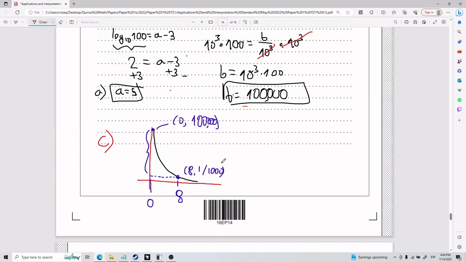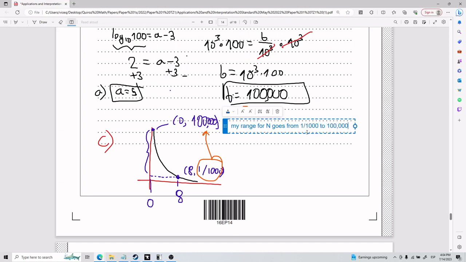It would be from here to here. That is my range. Now, of course, you need to write it in a more fancy way. You can say that my range for n goes from this to this. If you draw the graph, you're going to get full credit.